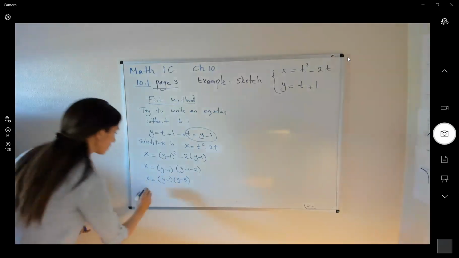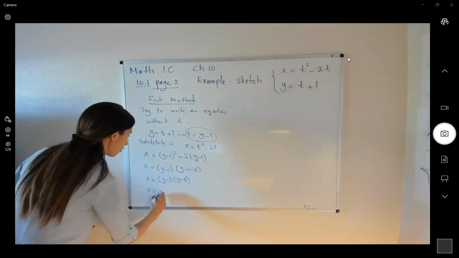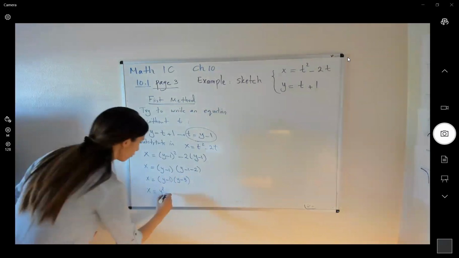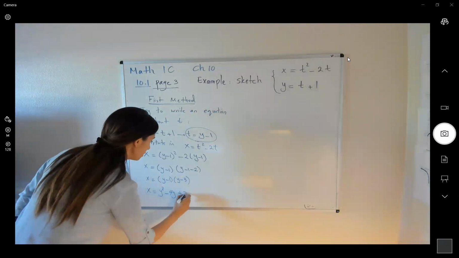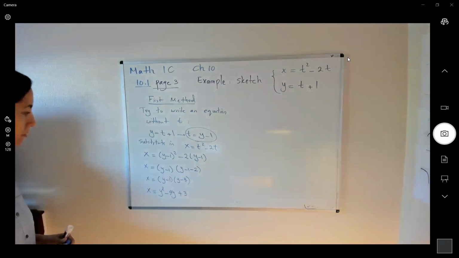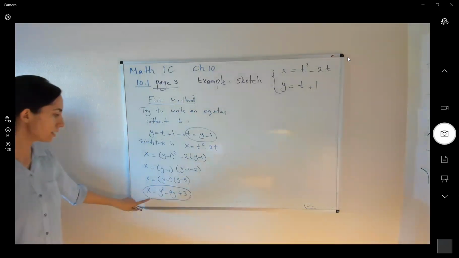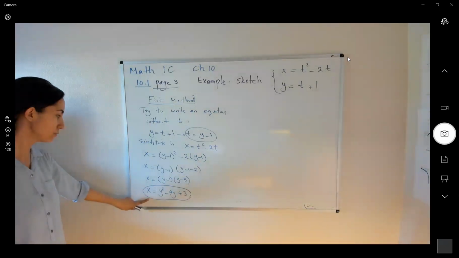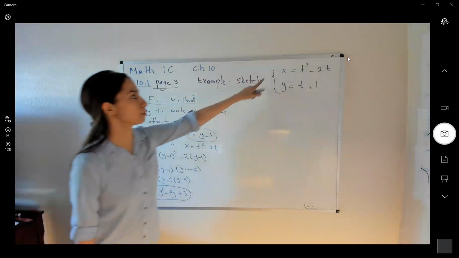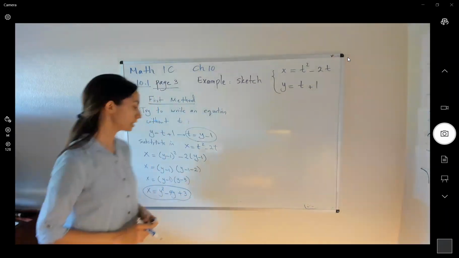So x is y squared minus 4y plus 3. This is the equation that you get by eliminating variable t.